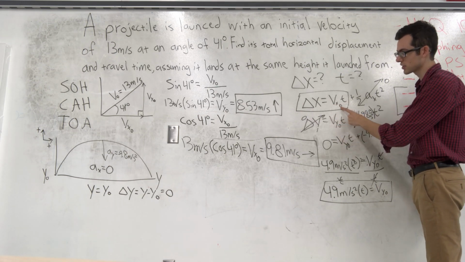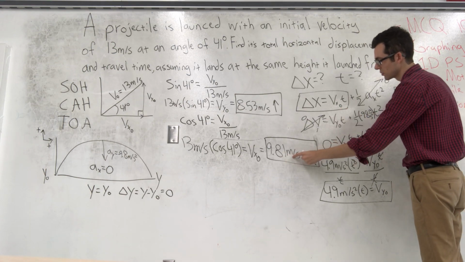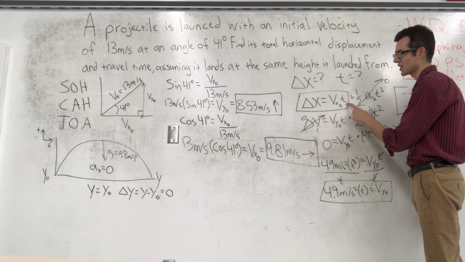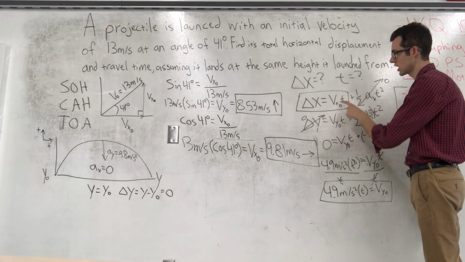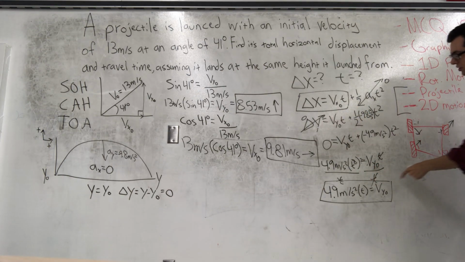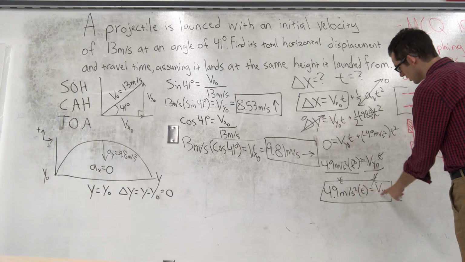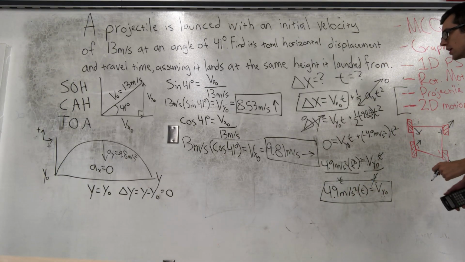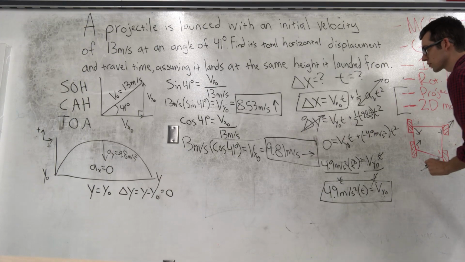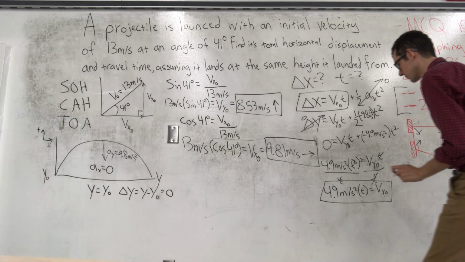We could put our Vx initial in as 9.81 meters per second to the right, but we can't really solve for delta x or t just yet. So we should probably start with our y equation. So looking at this, 4.9 times t, let's put in our Vyo as 8.53 meters per second upwards.